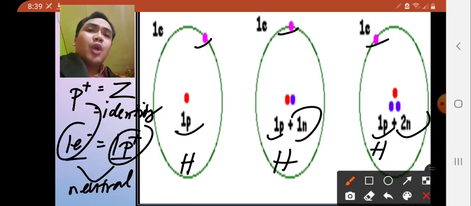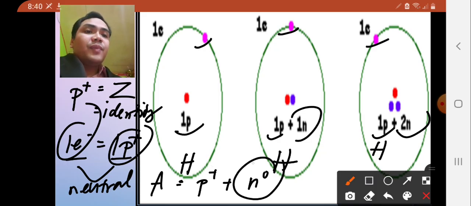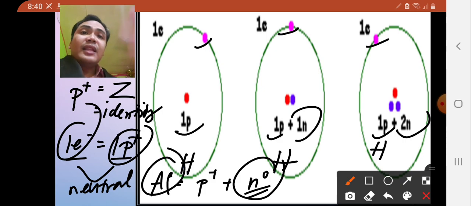So in other words, we have three atoms that are exactly the same when it comes to its identity. However, they differ in terms of the number of neutrons. And remember, the number of neutrons along with the number of protons will result to its atomic mass. Since each atom consists of different number of neutrons, therefore there will be a difference also with respect to their atomic masses. So protons plus neutrons will be atomic mass.